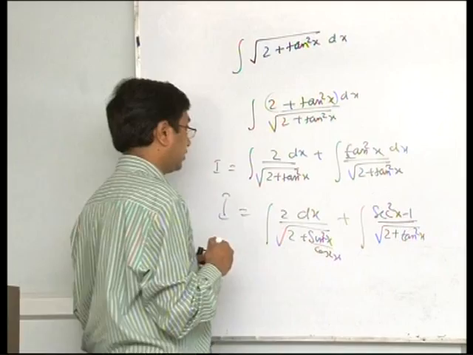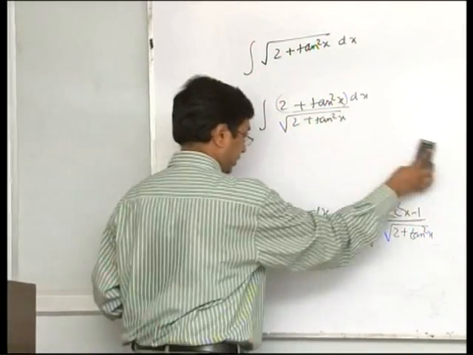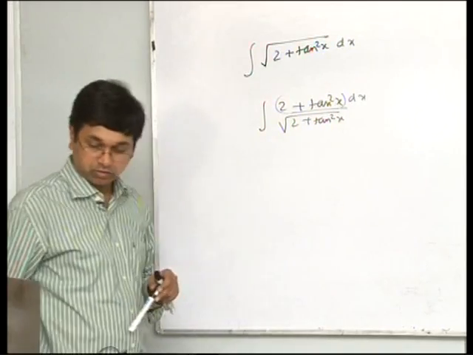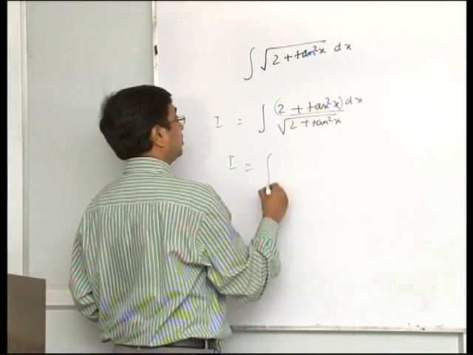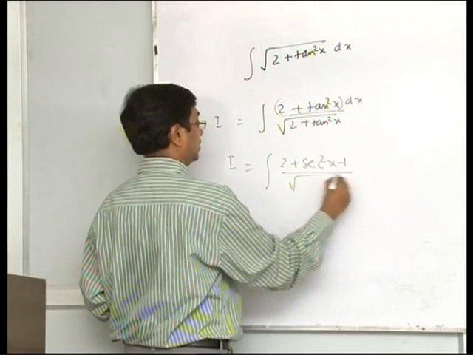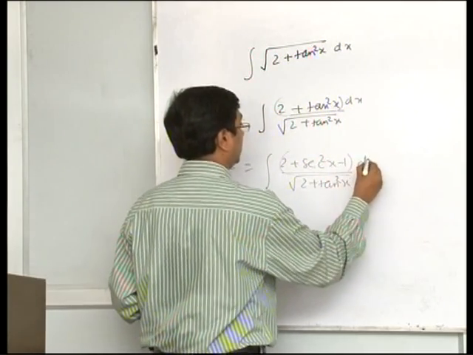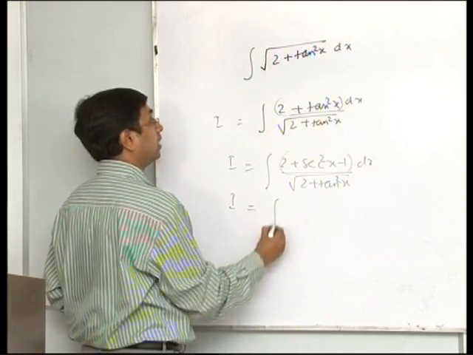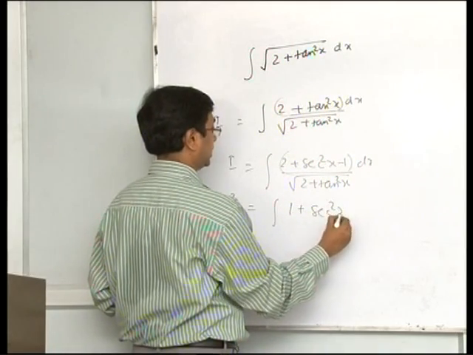But what we see is we can actually make it more simpler. Instead of we have say 2 out here, seeing this what we can do is 2 plus sec square x minus 1. Let's do that. So it becomes more simpler. We don't have to introduce the sec again. So this will become 1 plus sec square x upon this.